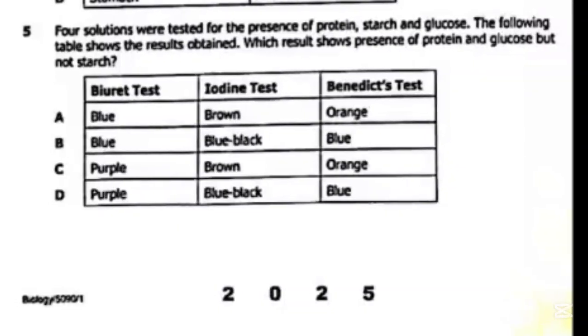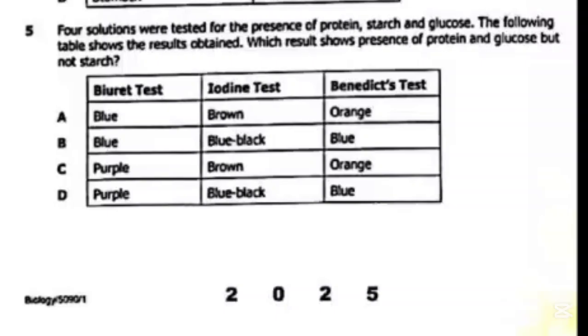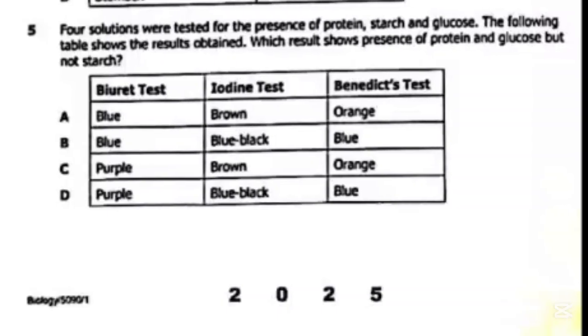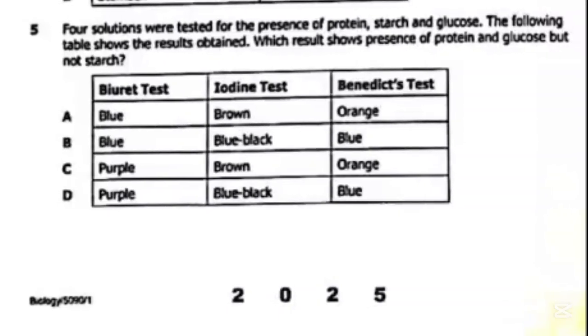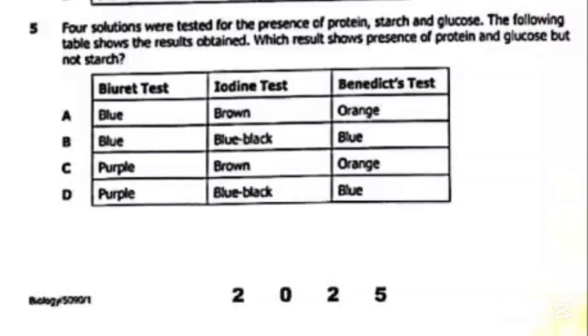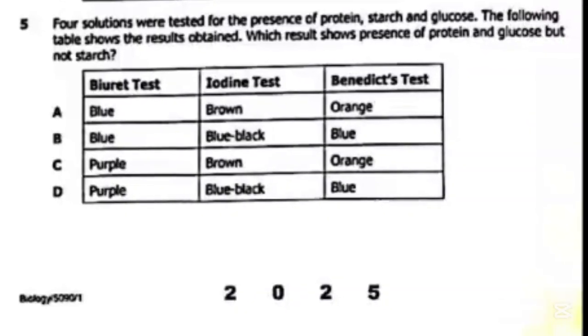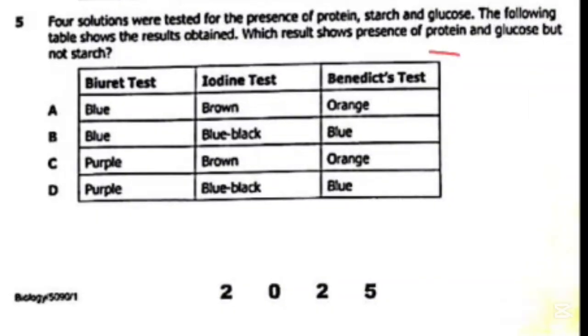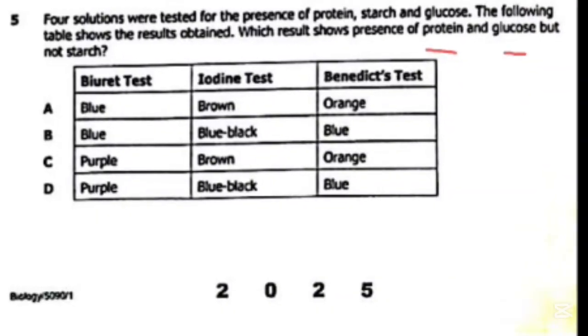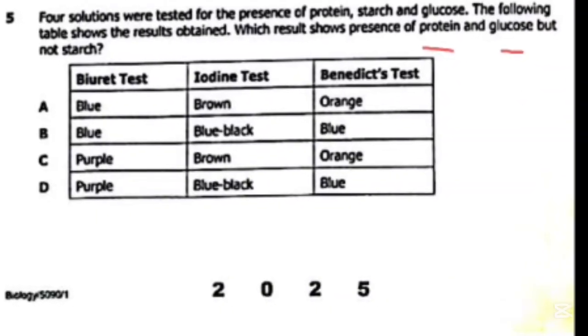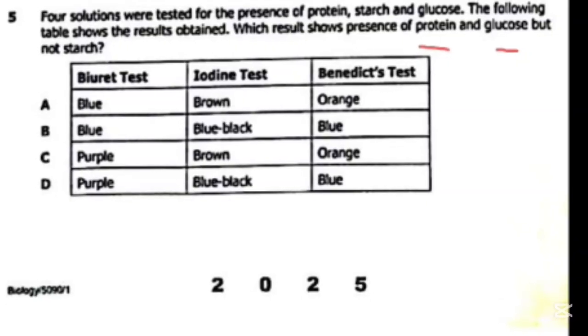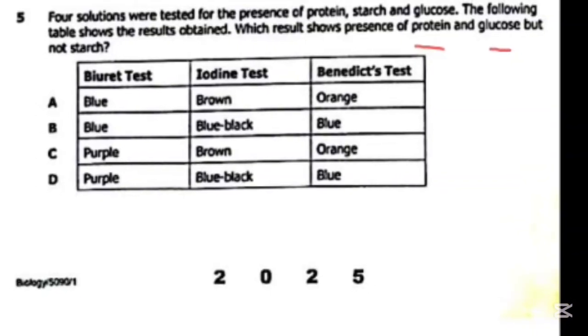So here we know that the Biuret test tests for proteins. Now, how can you know that proteins are present or absent? The question is asking us to show the presence of proteins and glucose, then we have to show the absence of starch. So we start with the presence of proteins.